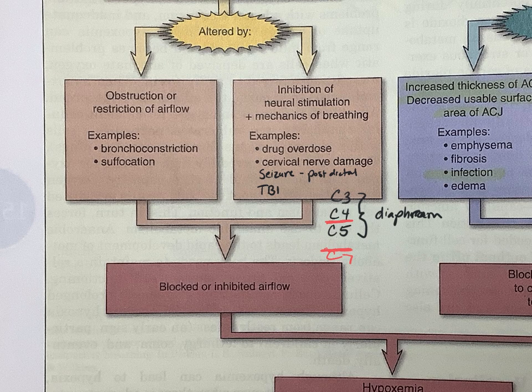But what if the injury is between C2 and C3? Now, as a nurse, am I going to be worried about that person being able to breathe for themselves? Absolutely, because that signal is going to come down from the brain and it cannot travel farther. So it can't get to C3, C4, or C5, and it cannot get to the diaphragm.